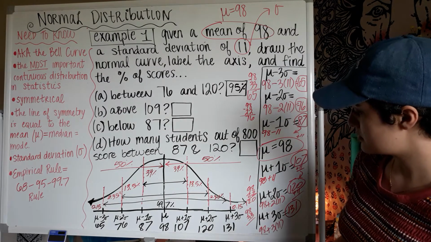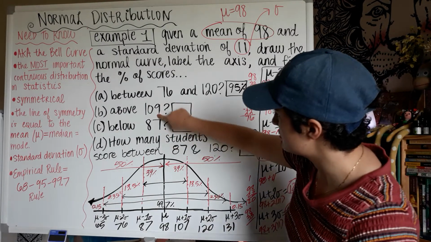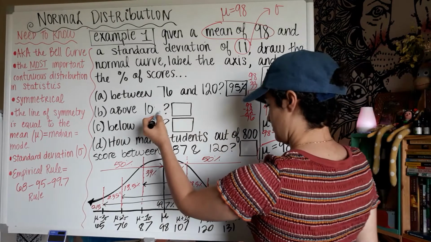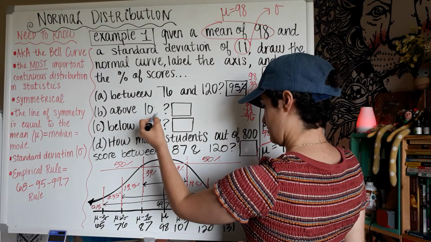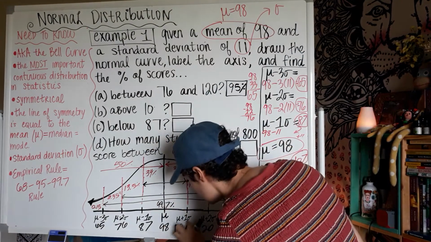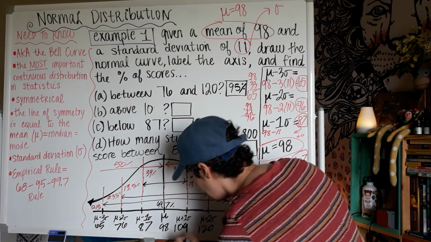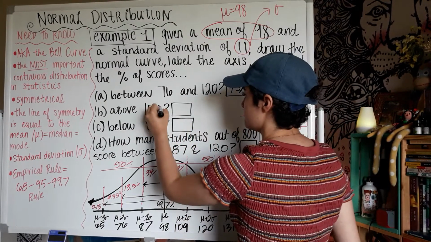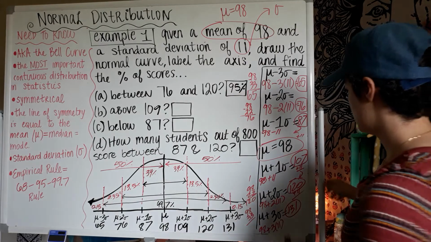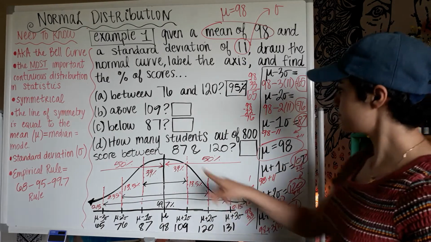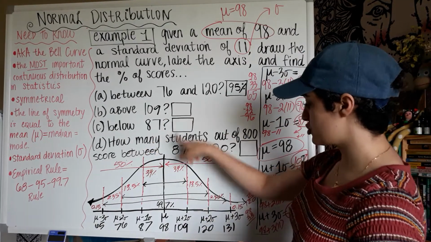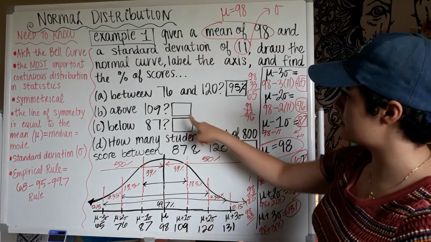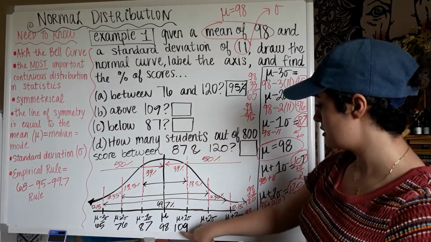Oops, it's supposed to be 107. I'm sorry. No, that is 109. There we go. 109. Sorry. So above 109.